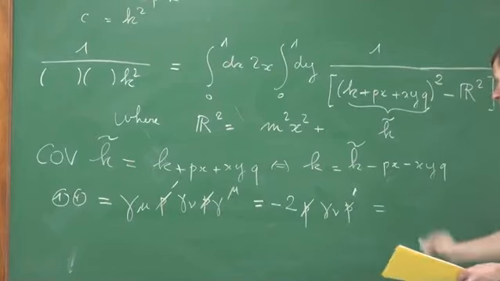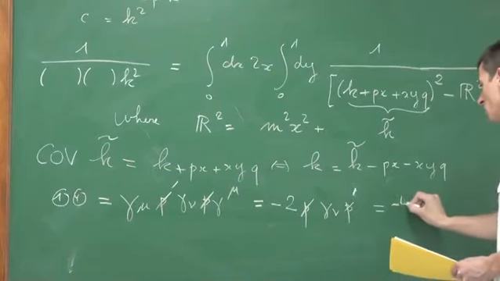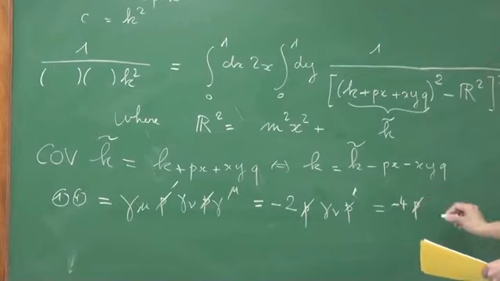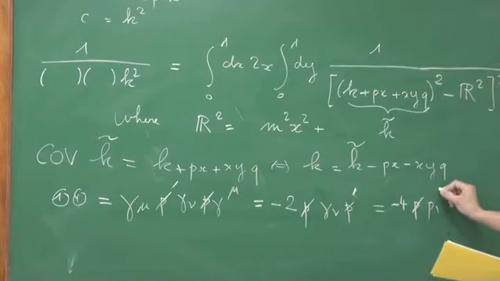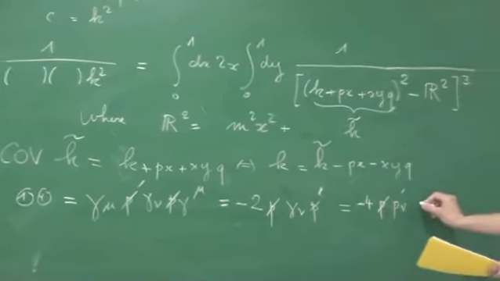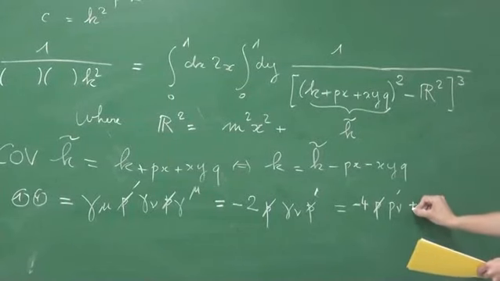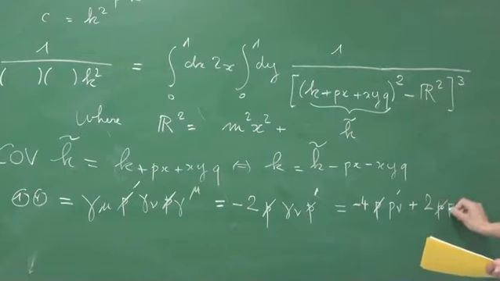You invert this, you obtain minus 4 slash prime mu plus 2 slash prime slash gamma mu.